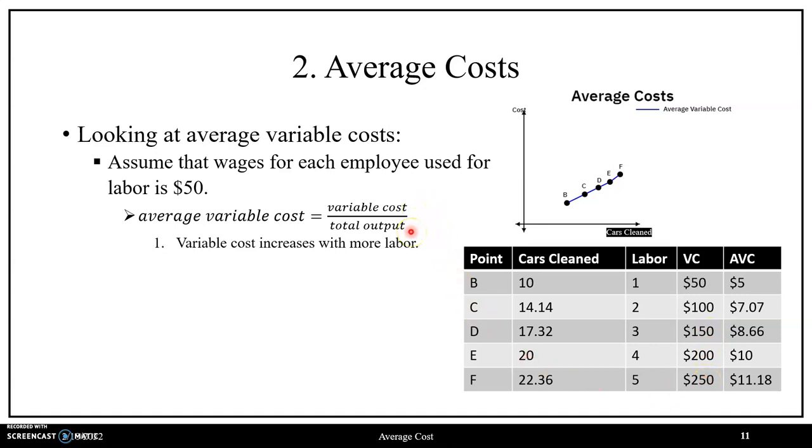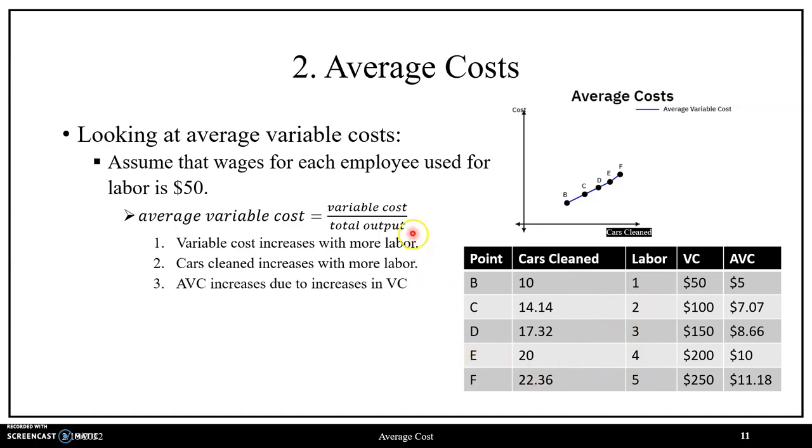And now moving on to our denominator of total output, we also know that as more labor is being used, cars cleaned will increase as well due to more input leading to more output, which we can see in our table representation as well. Labor increasing, we can see cars cleaned increasing as well.